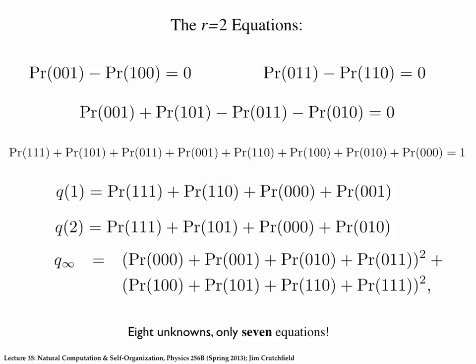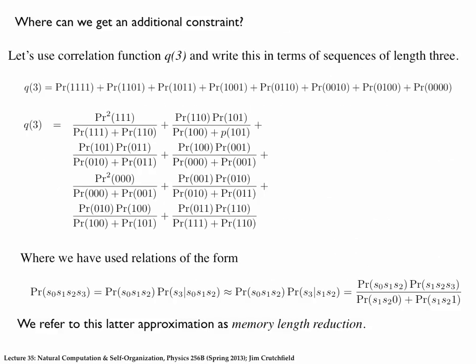So what do I do? I do something that we're going to call memory length reduction. I write out what Q3 is, but Q3 now depends on sequences of length 4. If I'm solving at R equals 2, I want to solve for sequences of length 3. So I need to rewrite sequences of length 4 in terms of sequences of length 3.